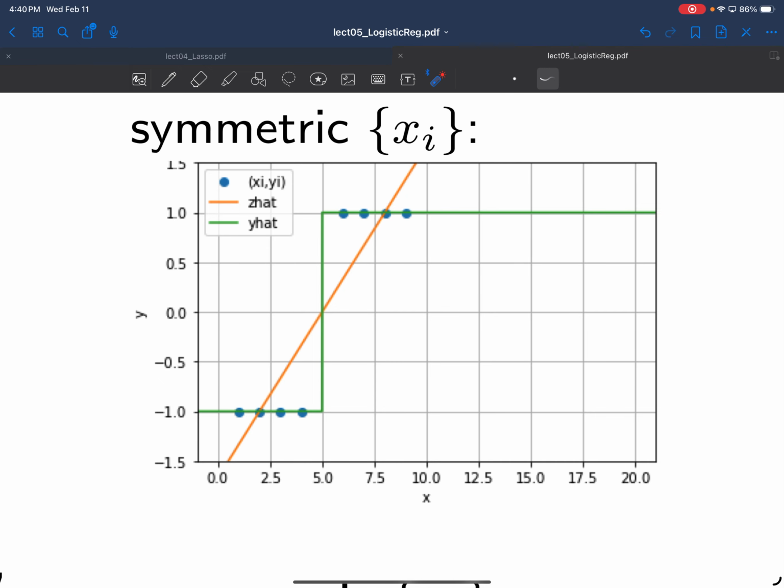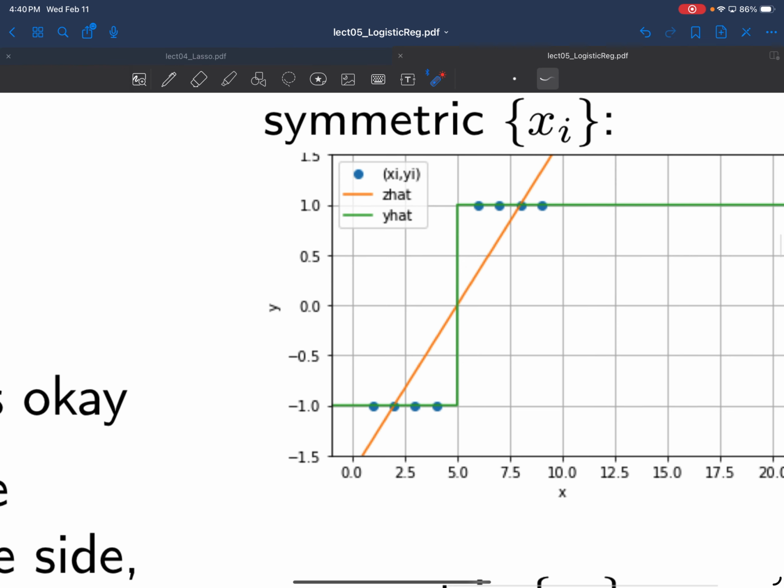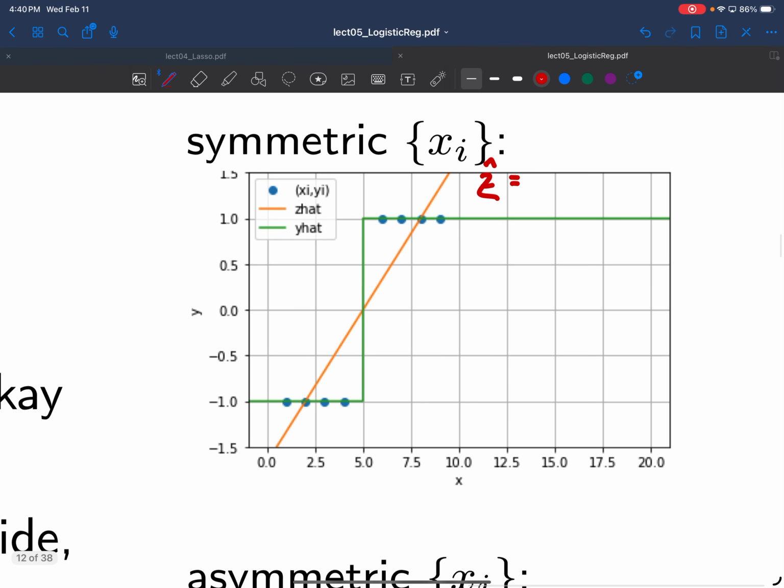And actually, if you do the least squares fit, and this is all in the demo, it computes a b hat and w hat that give you this z hat. So z hat would be b hat plus w hat times x, because there's only 2 coefficients here.